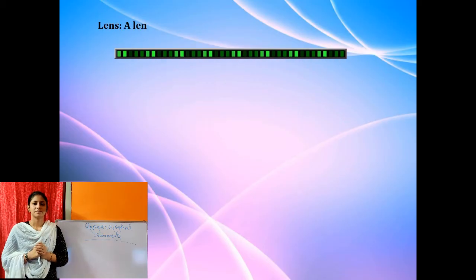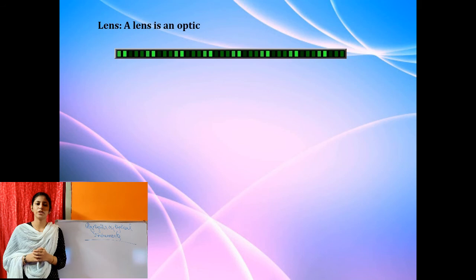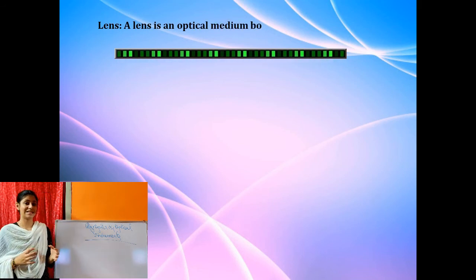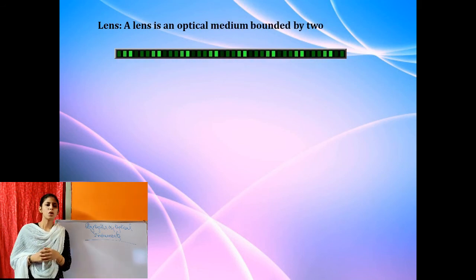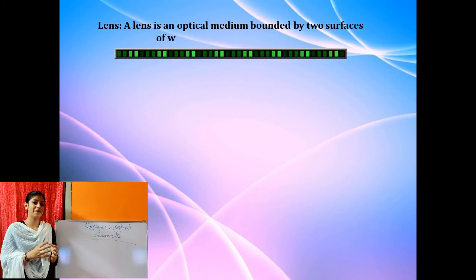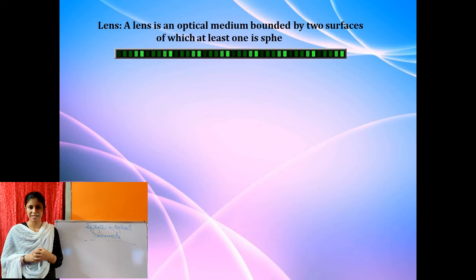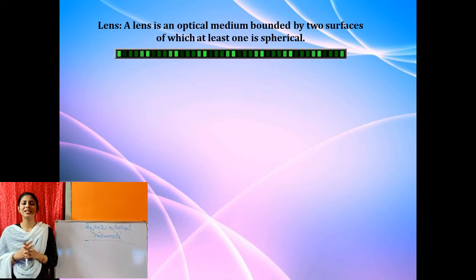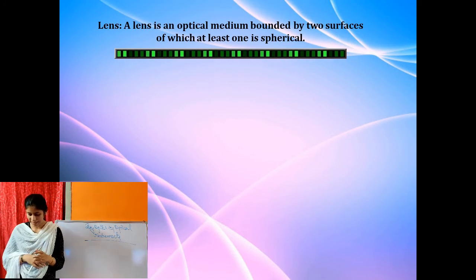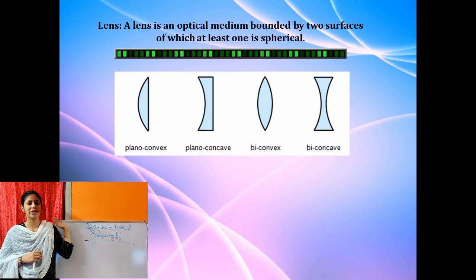So after this we are going to discuss the lenses. Alright, so a lens is an optical medium bounded by two surfaces, and at least one surface must be spherical. So we have many different types of lenses, as you can look at here.